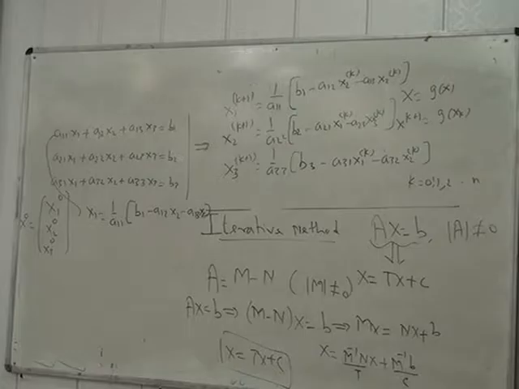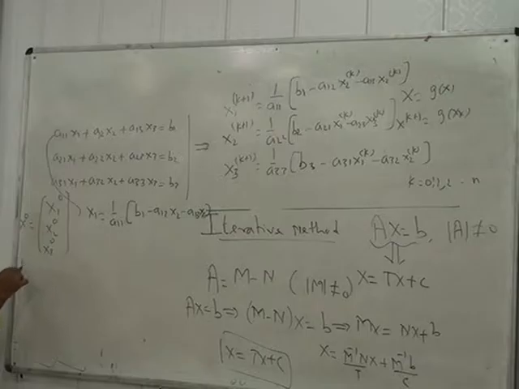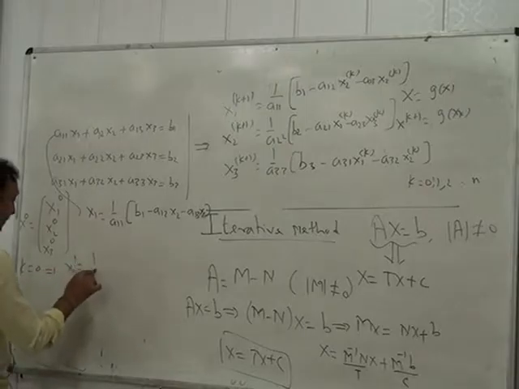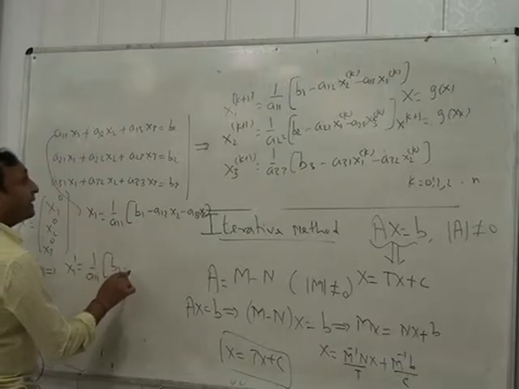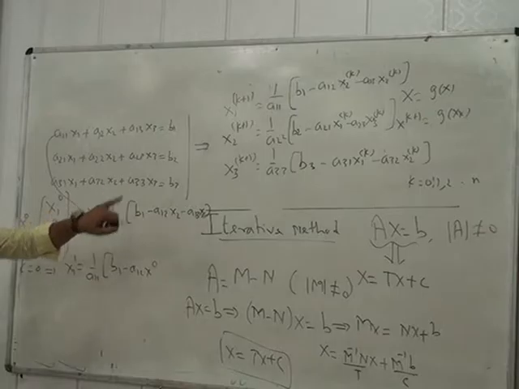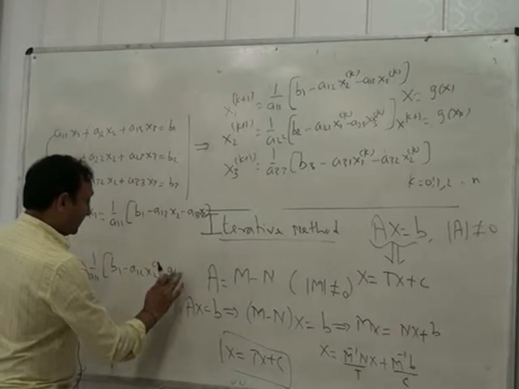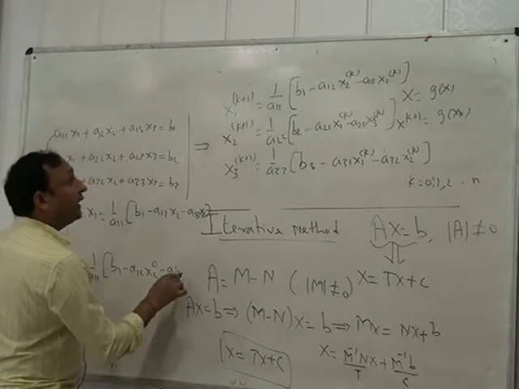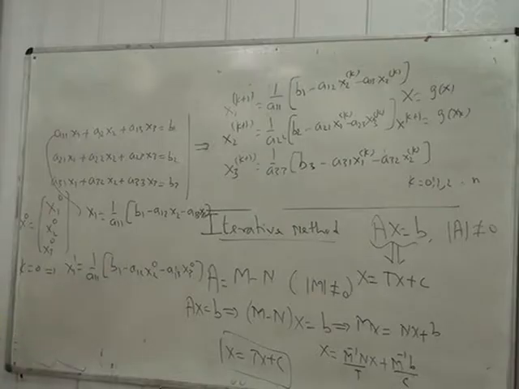For example, suppose take k equal to 0 here. What happens? I will get my x1 1. What is the answer for this? 1 by a11, b1 minus a12 x2 0, minus a13 x3 0, correct?